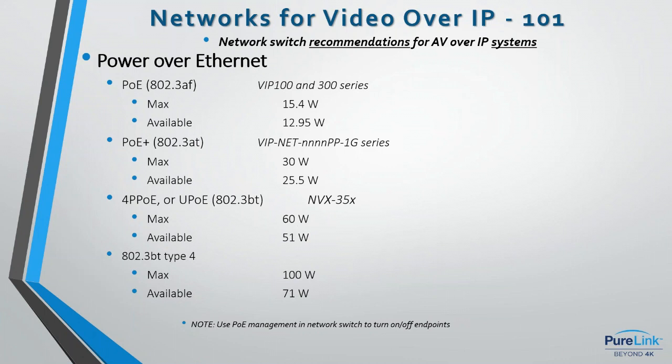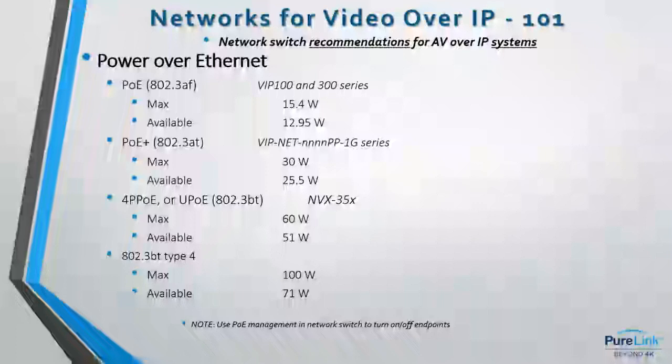But some really important things to note is that our products run well below the maximum requirement of the lowest power standard. PoE 802.3 AF provides a maximum power at the device of 12.95 watts. Our products are drawing anywhere from 5 to 7 watts each.